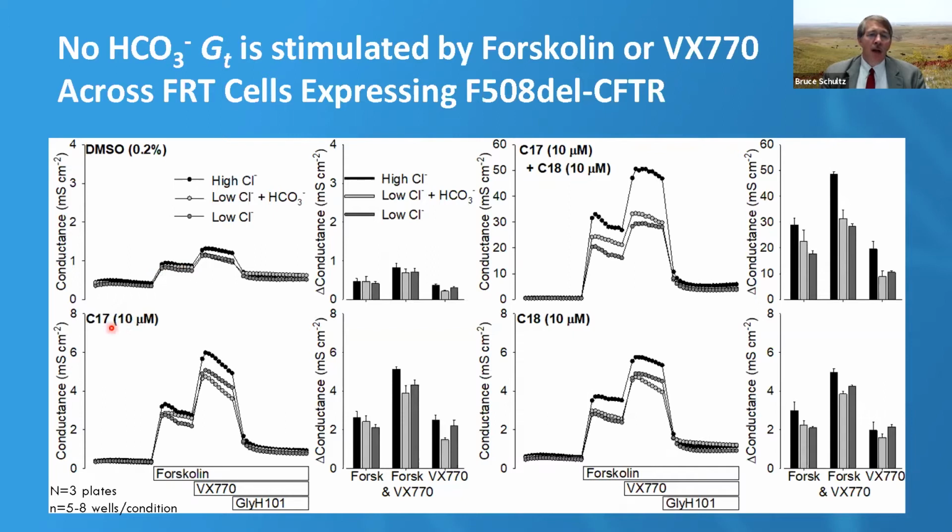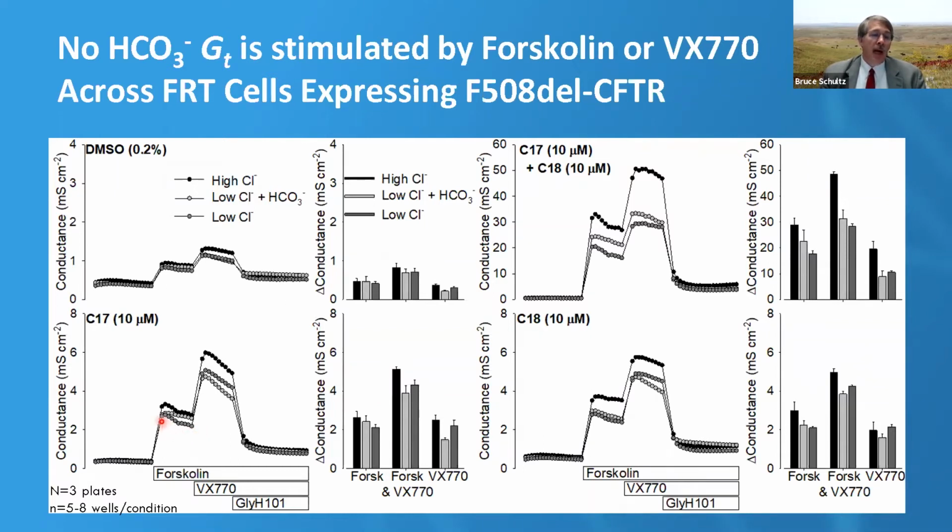But with either the correctors, C17 or C18, we do see a distinct pattern, and that is that both forskolin and VX770 increase in a stepwise way the overall conductance that is observed across these cells expressing delta 508 CFTR.